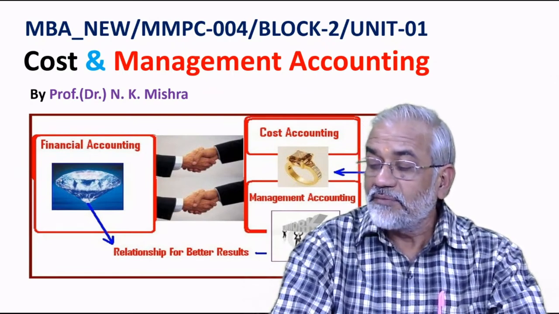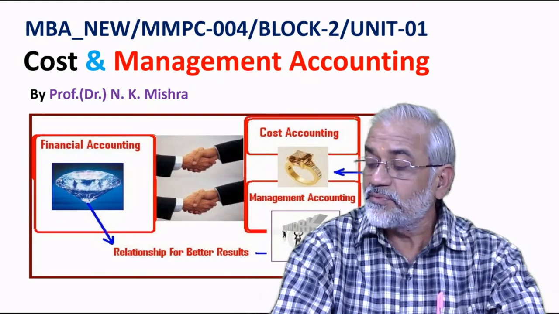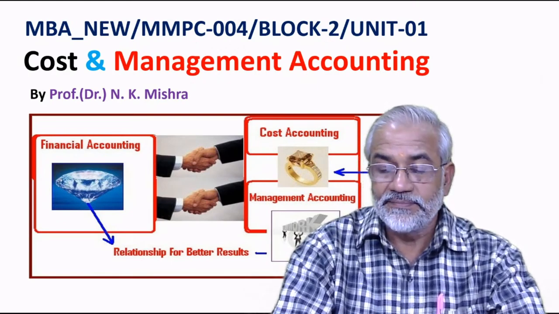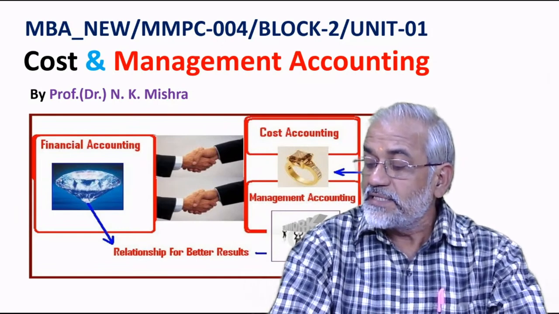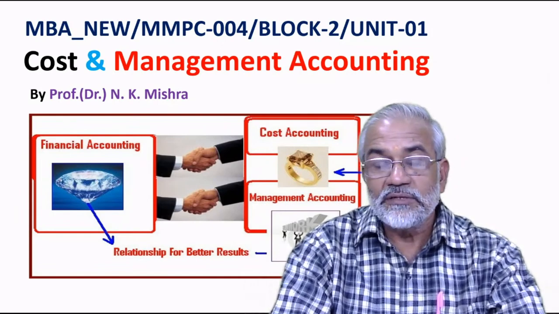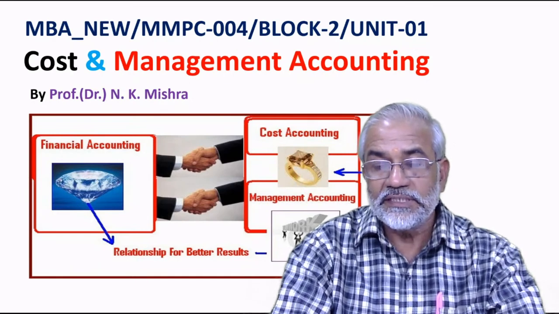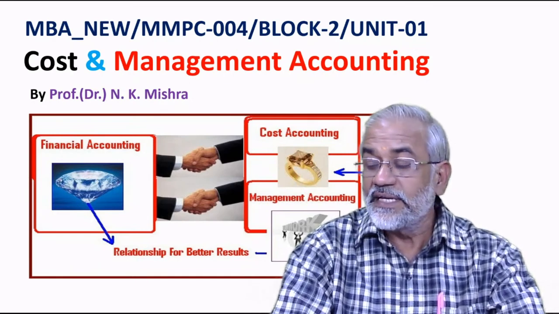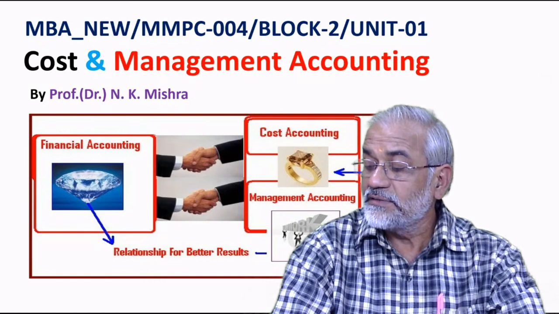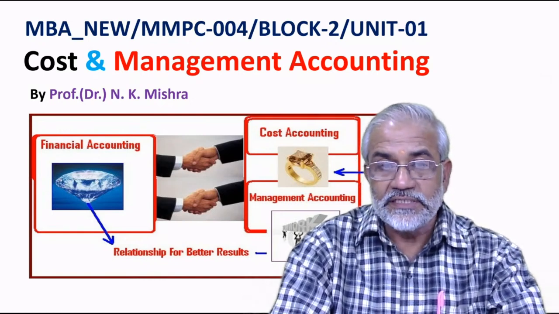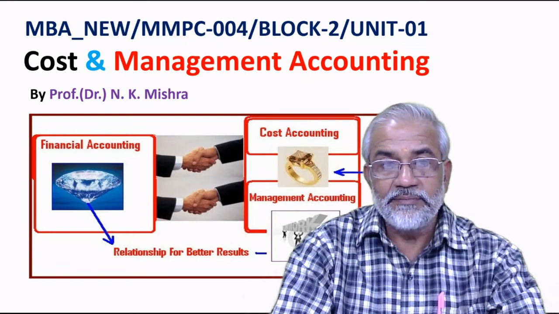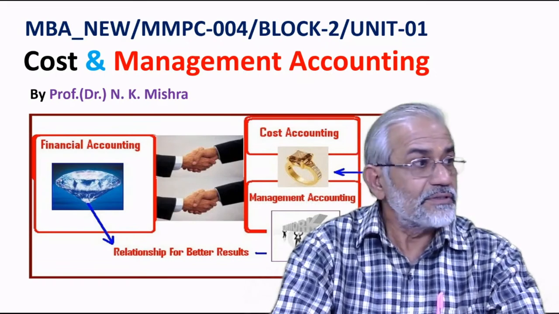But absorption costing suffers from certain demerits. The first demerit is it assumes prices are simply a fluctuation of the cost, which is not materially true. The second demerit is it doesn't take account of demand into consideration.